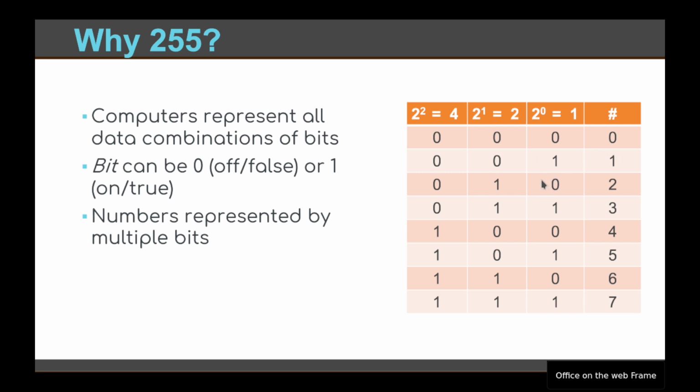But if we have this at 0, and the second bit is 1 and the third bit is 0, it's interpreted as 2. Each of these are subsequently higher powers of 2, and then you just add all those values together. And that's how we get binary representation of integer values. 111 is 7.